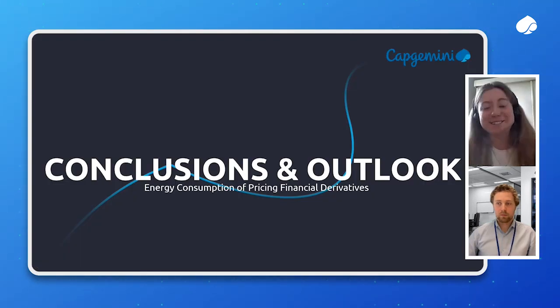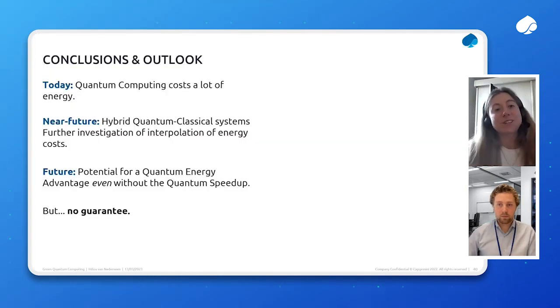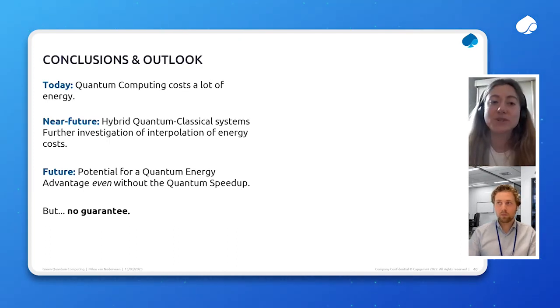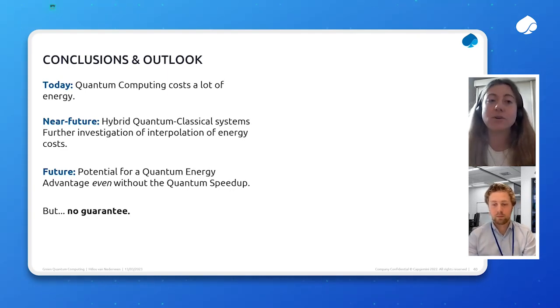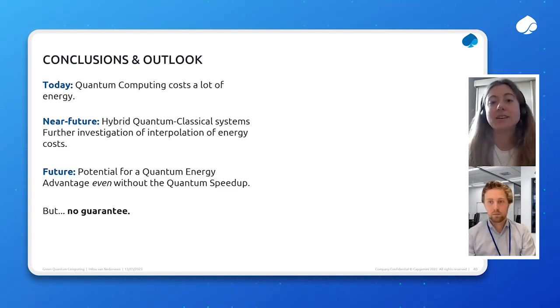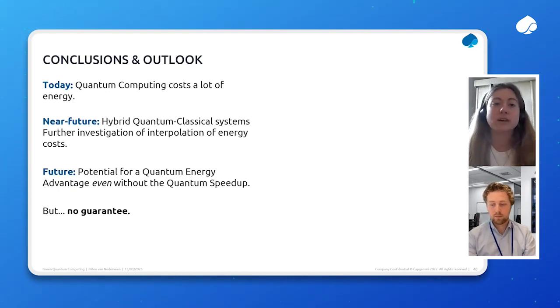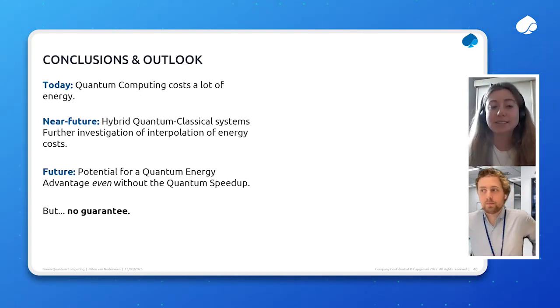So finally, the conclusions and the outlook. What we saw was that quantum computing today costs a lot of power and energy. And in the near future, using hybrid quantum classical systems we can expect to acquire the first gains in both the speed up and the energy consumption, and further investigations of this interpolation of energy costs is required here.